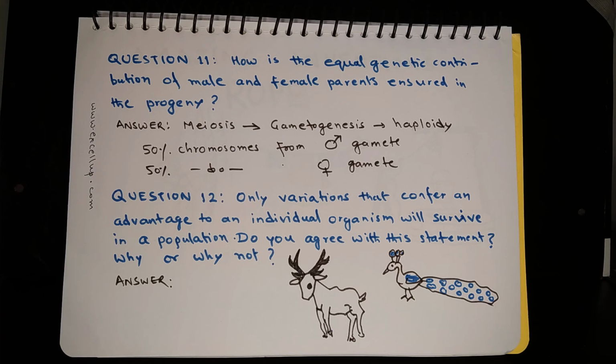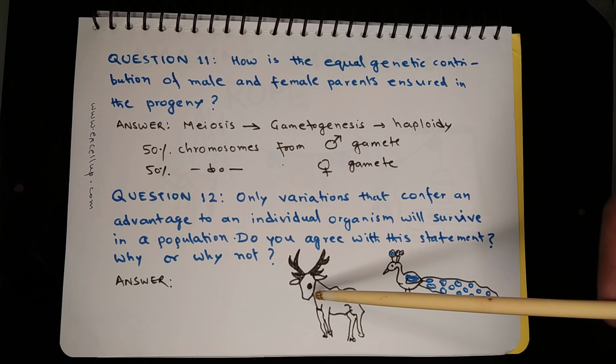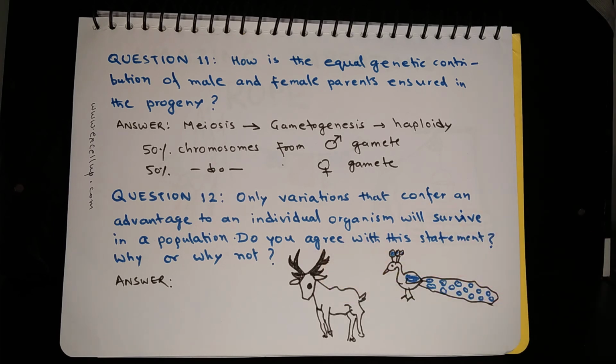So you can take the example of an antelope with big horns, or a peacock with beautiful feathers. The horns work as a hindrance while the antelope is running through the jungle. Its horns can get entangled in branches, which can cause the death of the antelope.